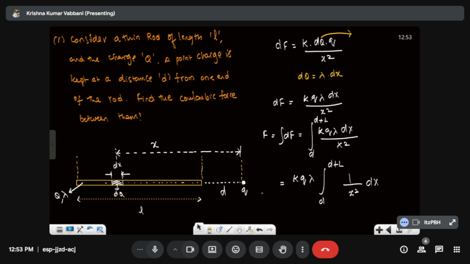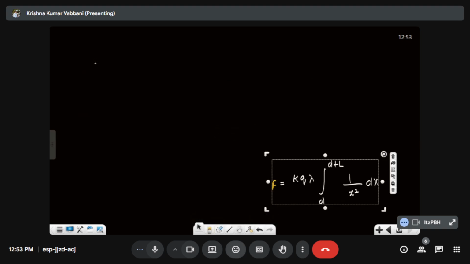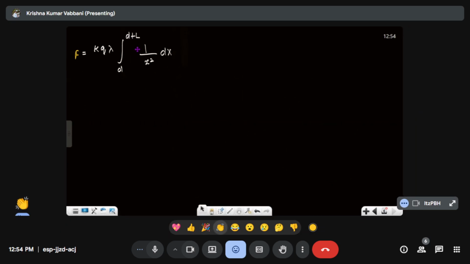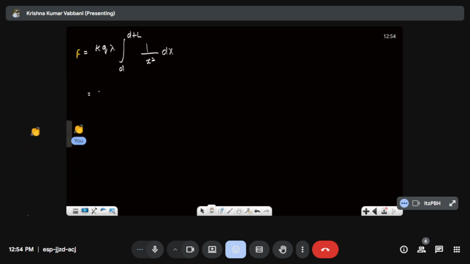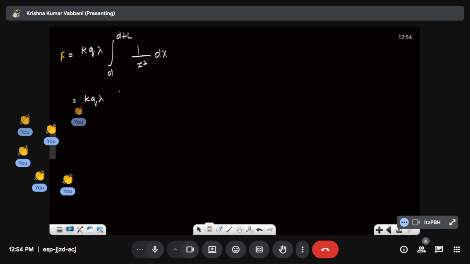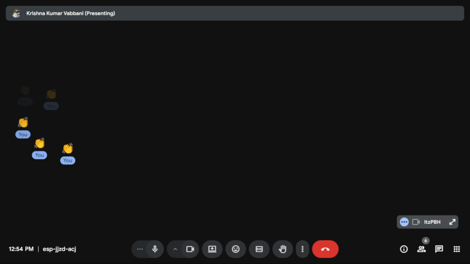I am taking this to the next page. So this will become k q lambda times minus 1 by x with limits d plus L and d.